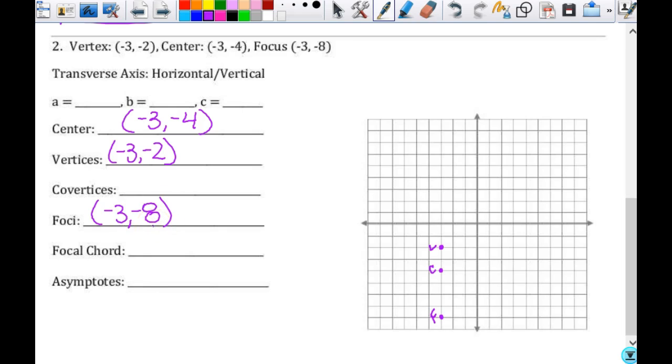Okay. So from this, can I figure out A, B, or C? Which ones can I figure out? A. Okay, so I can figure out A. What is A? 2, because it goes from the center to the vertex. A is 2. I can also figure out which one? C, because from the center to the focus point is 1, 2, 3, 4.